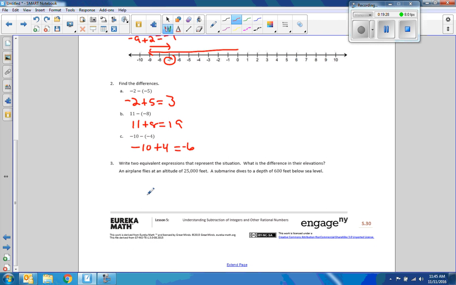So now it says write an equivalent expression that represents the situation. What is the difference in the elevations? An airplane flies at an altitude of 25,000 feet. A submarine dives at a depth of 600 feet below sea level. So I would say 25,000 minus below sea level.